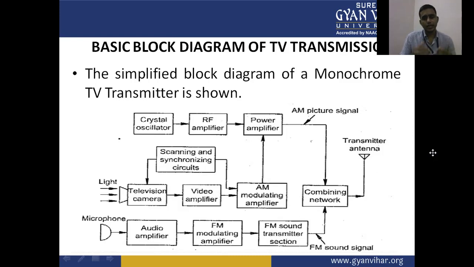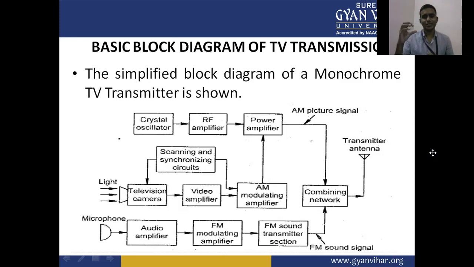Then in the lower section of this block diagram, we have a microphone. With the microphone, we capture the audio signal. The microphone is a device which converts the audio signal into electrical voltage and current.